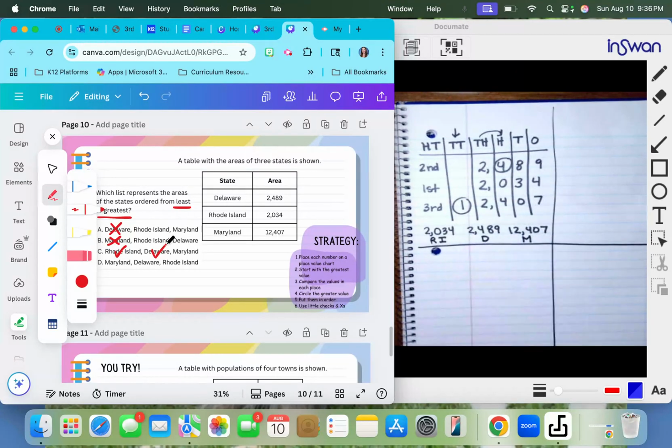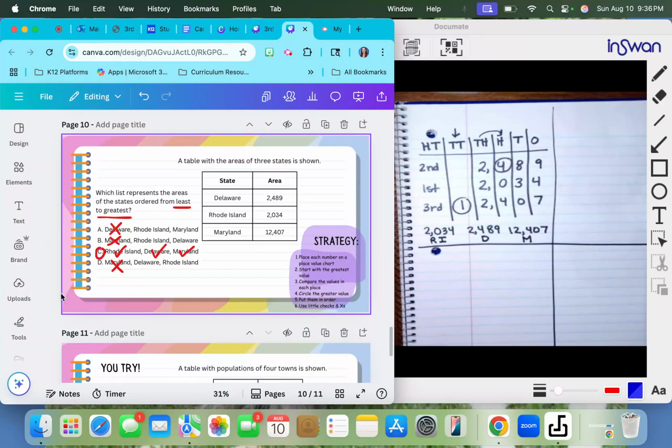And Maryland. Ooh, I think we may have found one from least to greatest, but let's check out D just in case. D starts with Maryland. No, Maryland's supposed to be last in the list because it's the greatest. So yay, we figured out the order least to greatest. C is our answer. Awesome job, mathematicians.